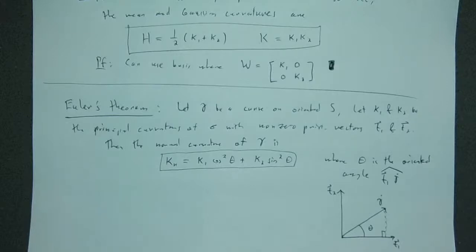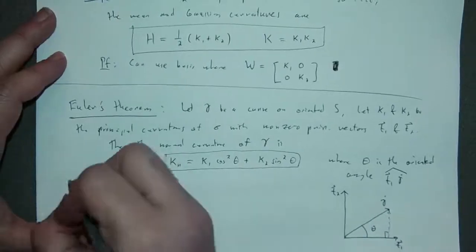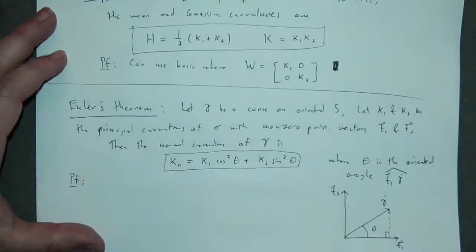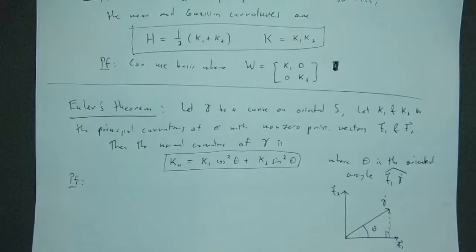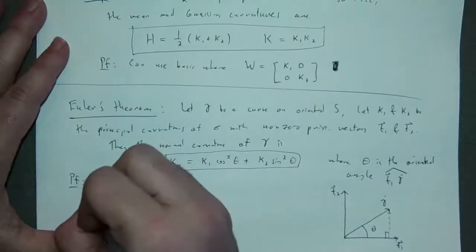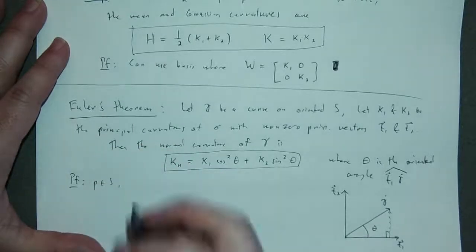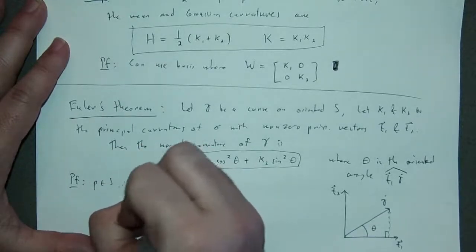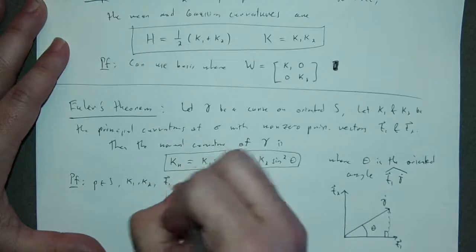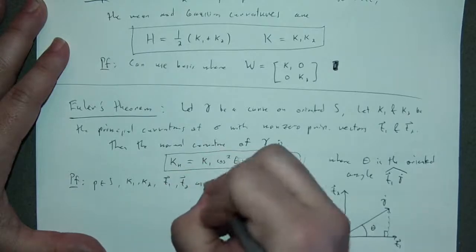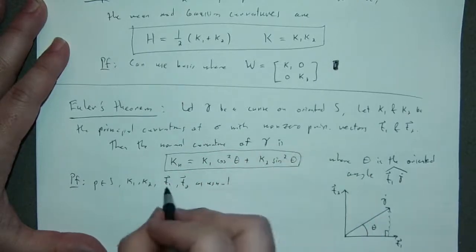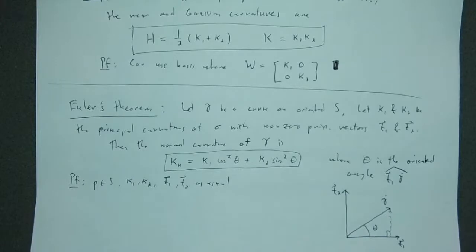Well, this is actually not too difficult to show because most of this is taken care of by our careful setup. So what do we have? We have a point in S. We have kappa 1, kappa 2, t sub 1, t sub 2 as usual. So we have principal curvatures and principal vectors associated to them.